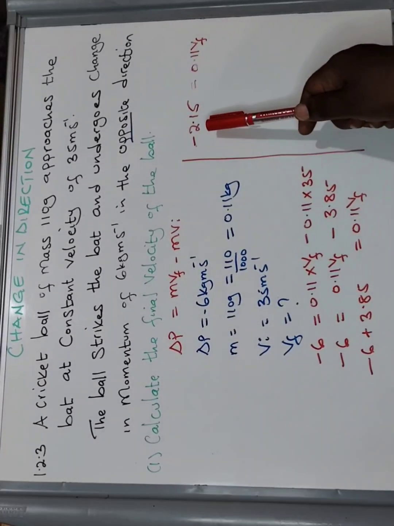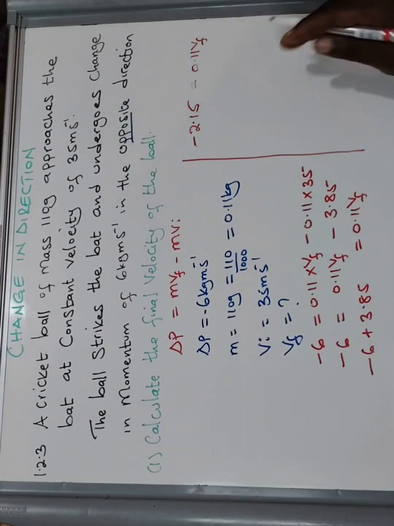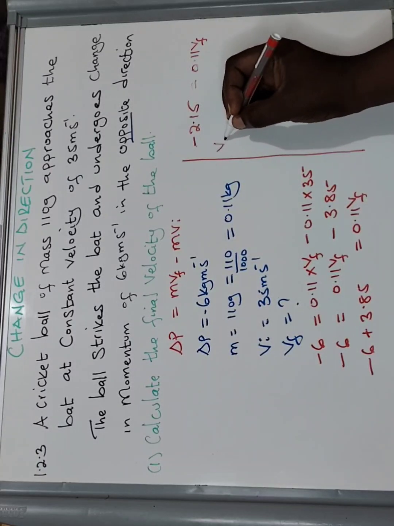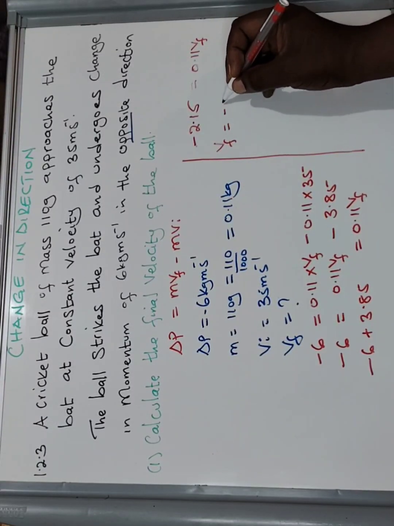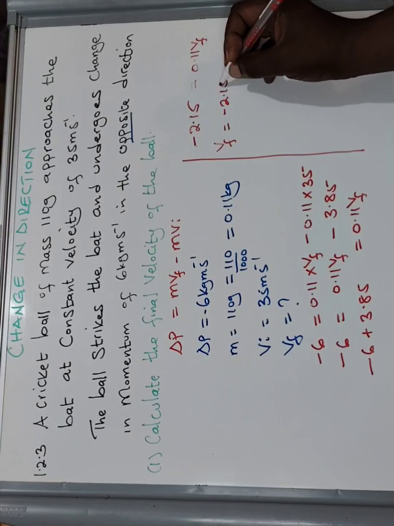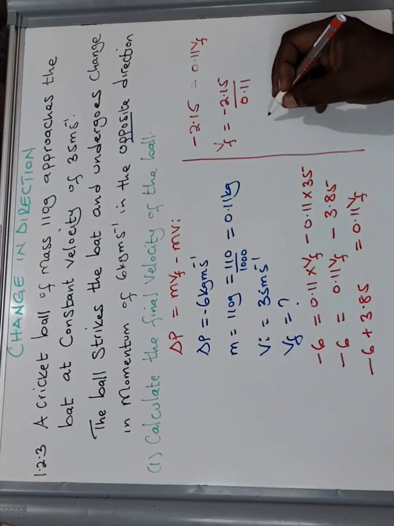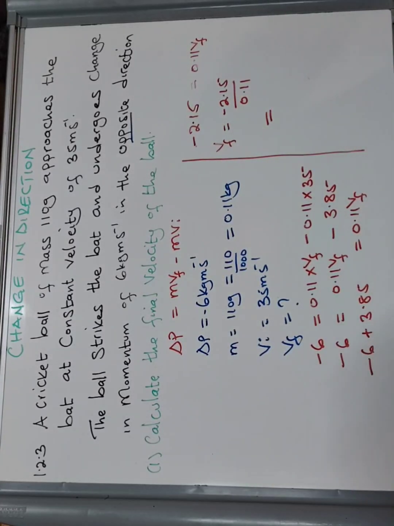We have negative 2.15 equals 0.11 VF. So how do you get VF? You divide both sides by 0.11. So you're going to get our VF as negative 2.15 over 0.11. What you get here is going to be our final velocity of the ball.